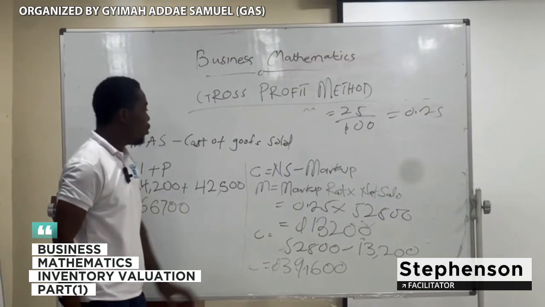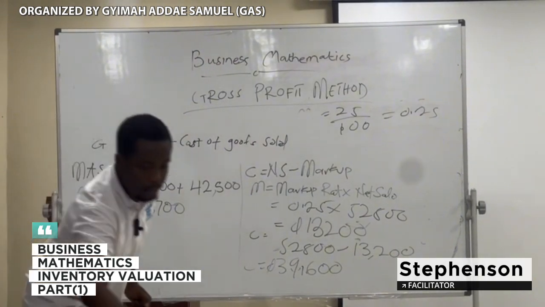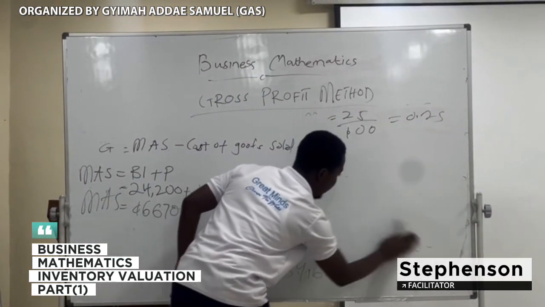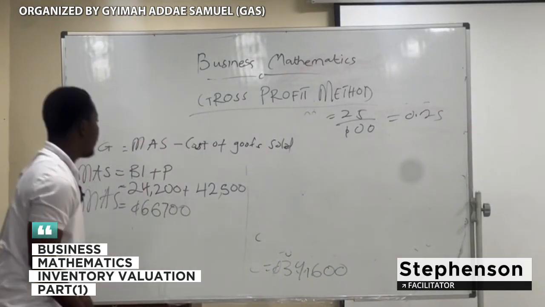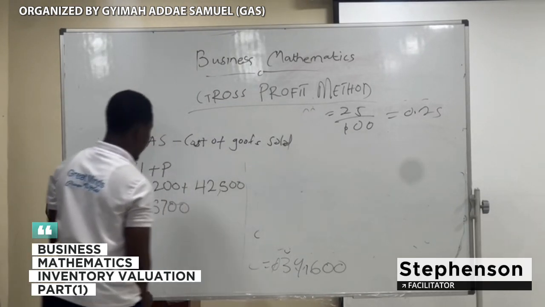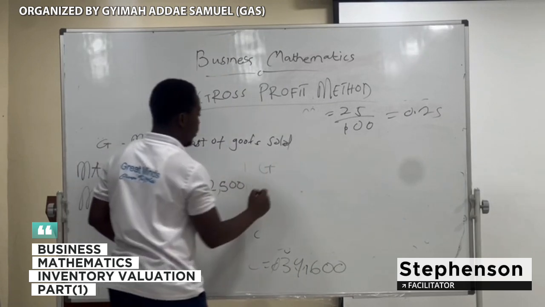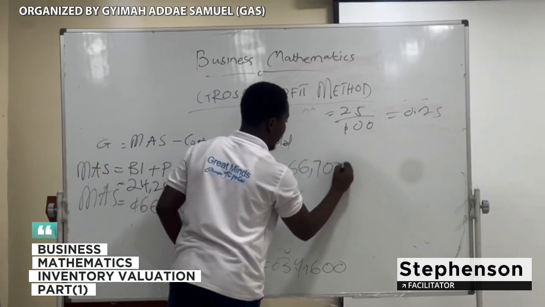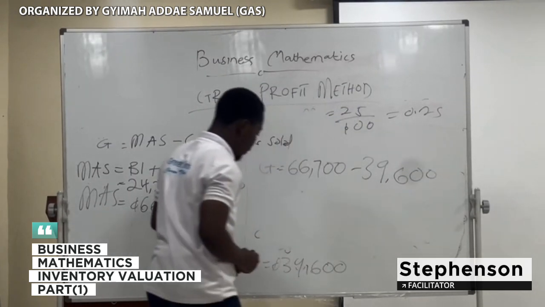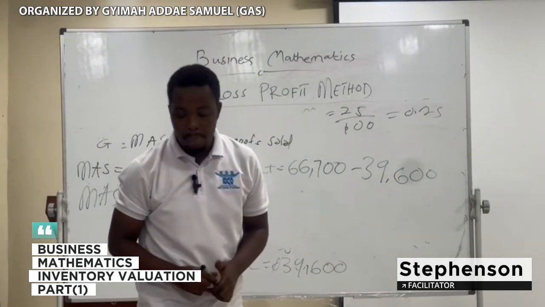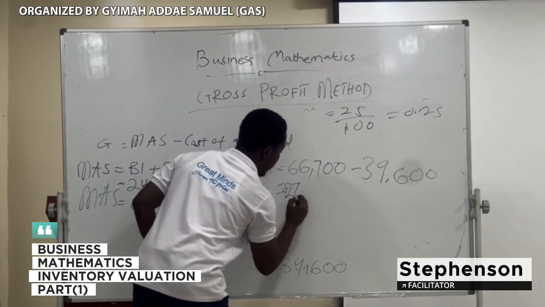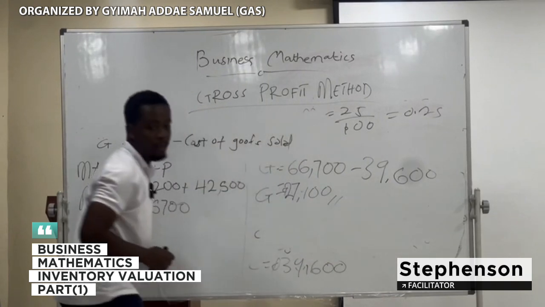Let's substitute it into our formula. Our merchandise available for sale was 66,700, so with the gross profit method, 66,700 minus 39,600, and we get 27,100.